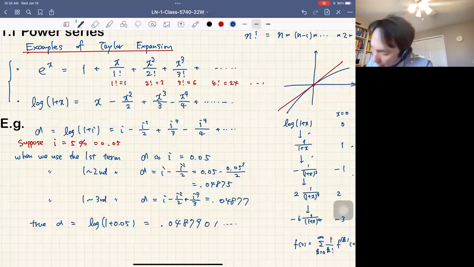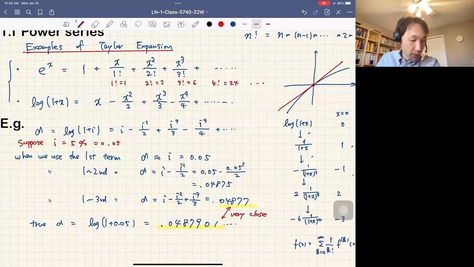So this is very close. The 5% is not close enough to this delta, but if we use the first to third terms, then this and this are very close. So this is useful to calculate this.